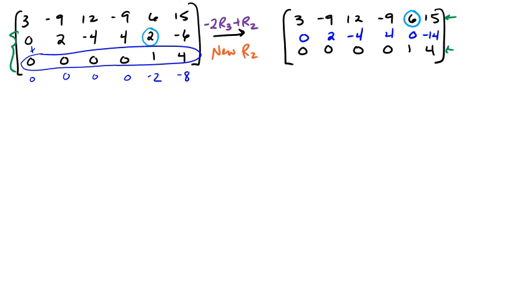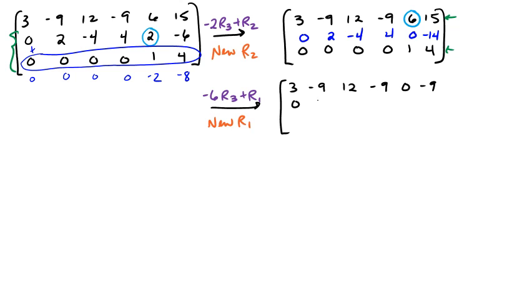So I am now going to take -6 times row 3 plus row 1, and this will become my new row 1. So when I do that, I have 3, -9, 12, -9, 0, -9. The others stay the same.